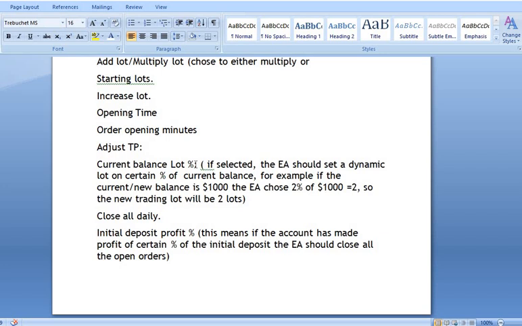What it means is this. If selected, the EA should set a dynamic lot size based on a certain percentage of the current balance.